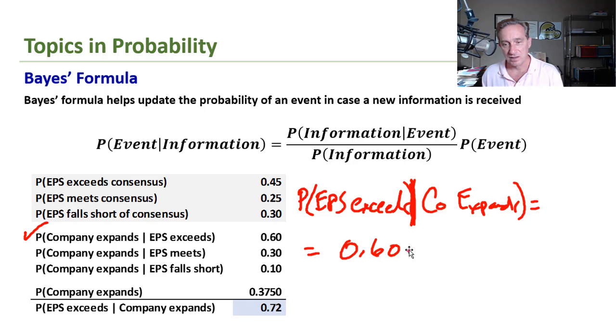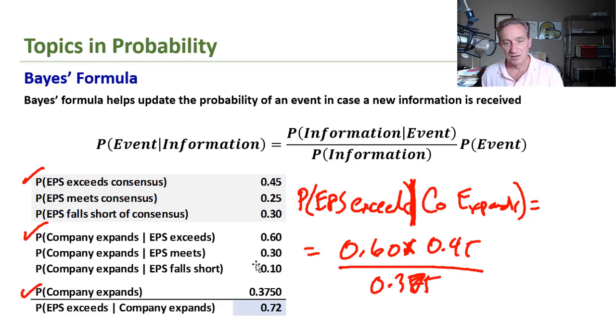And I could multiply that here by the probability of the event. And the probability of the event is the probability that EPS exceeds consensus, which is 0.45. That's a multiplier here. And divide that by the probability of the information, which is the probability that the company expands, 0.375 in the denominator.